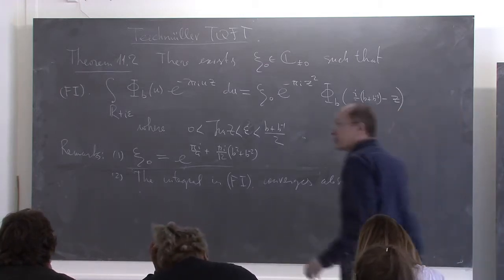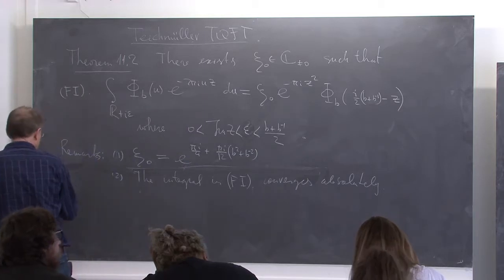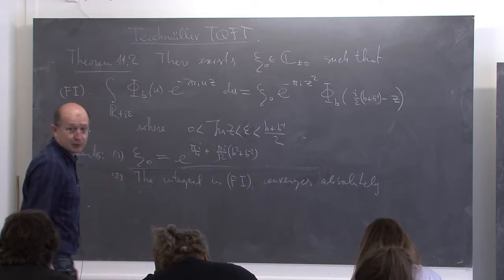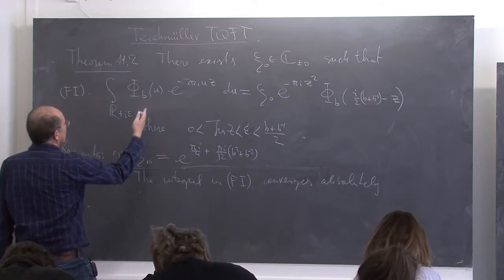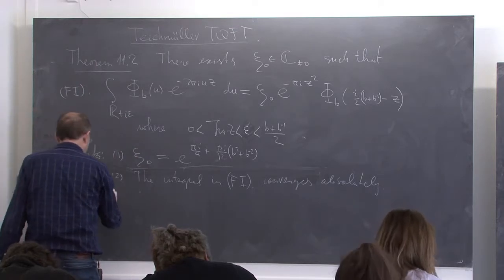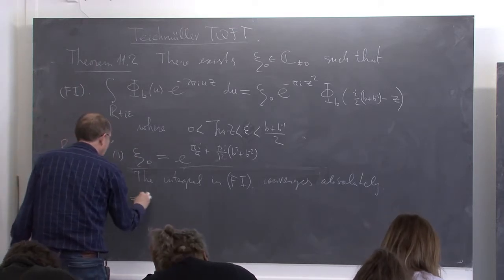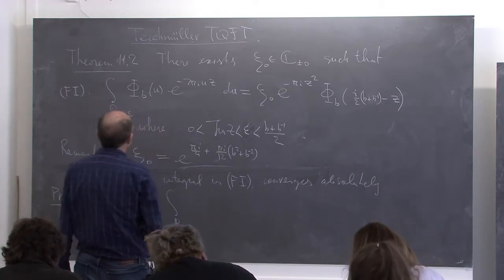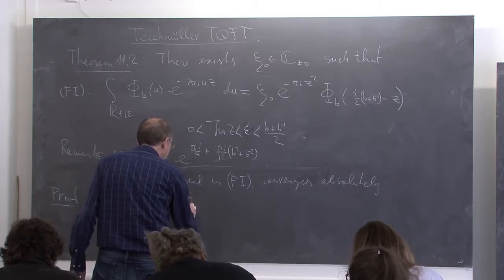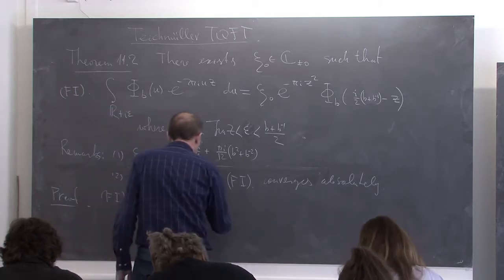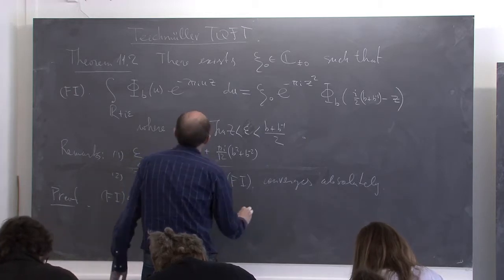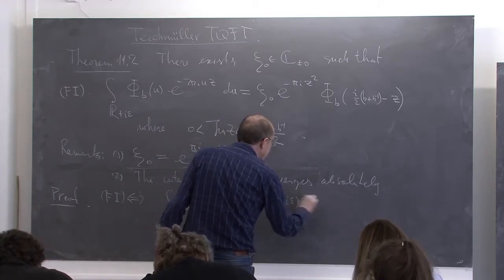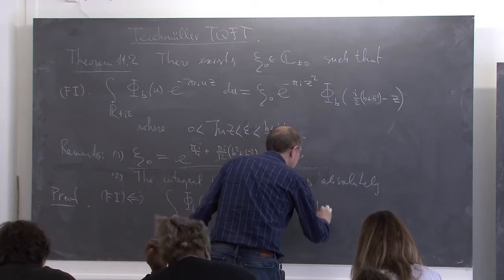Okay, let us prove this. So let us check the second remark, right? We start from that. Now, the Fourier integral is equivalent to the real integral of phi b of x plus iε, e^{-2πi (x + iε) z}, dx.